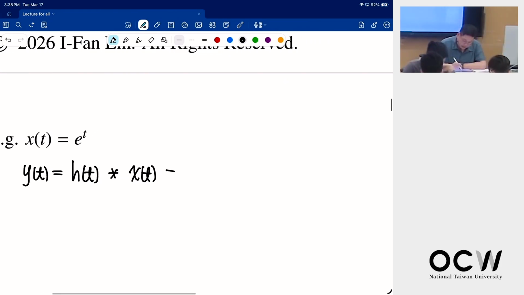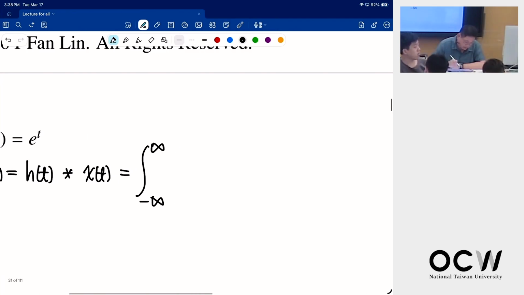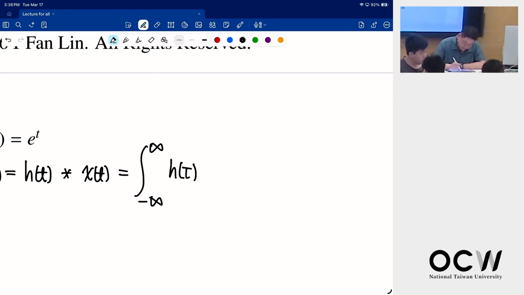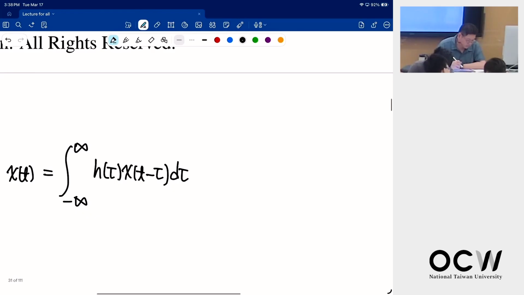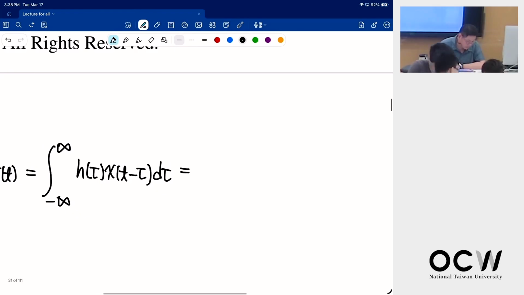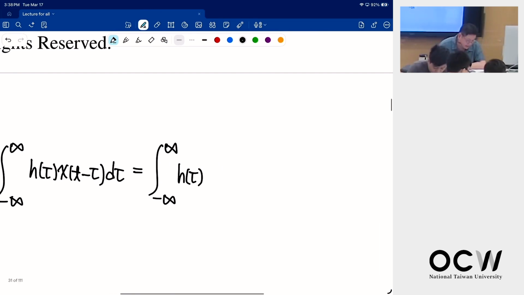In this case, if you use the formula, there'll be the integral of h tau, and x is e to the t minus tau, d tau.